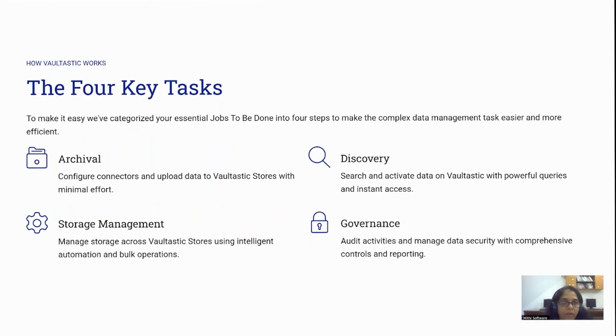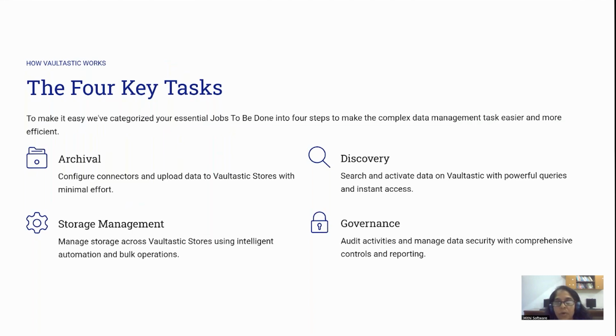To do that, we have categorized your jobs into four major categories. The first is the actual archival of the data: establishing the connections to your systems from where you want to pick up the data, and defining the jobs to upload the data. Second is discovery and activation.